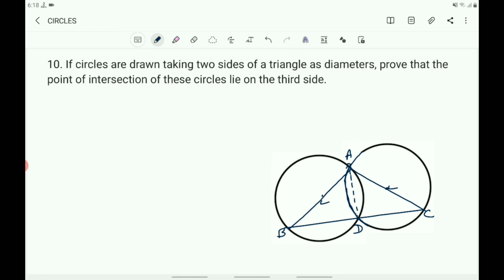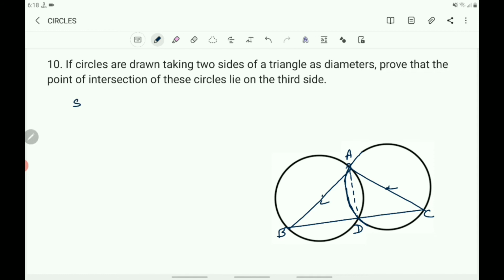We have to prove that the point D lies on the third side BC. D is a point of intersection of the two circles. We have to prove that D lies on BC, means BDC is a straight line.